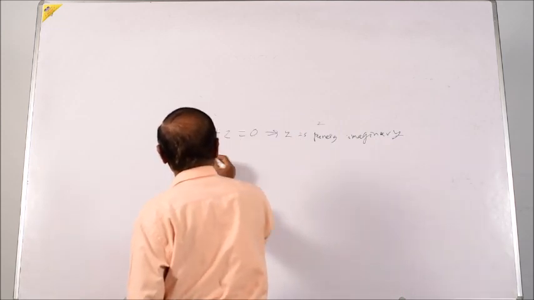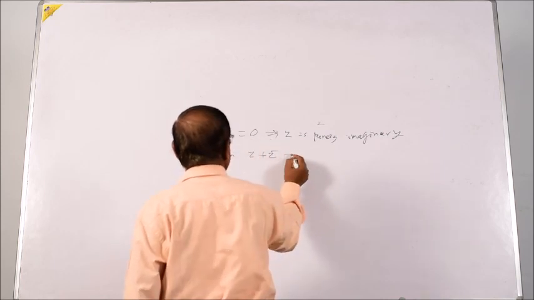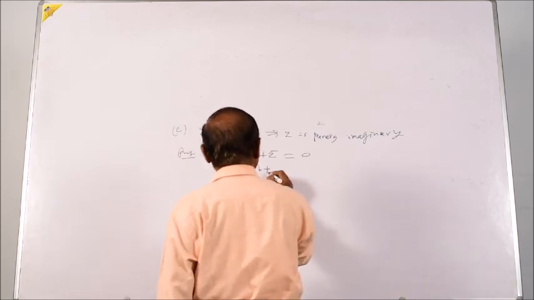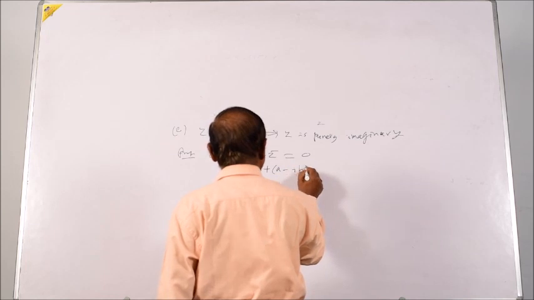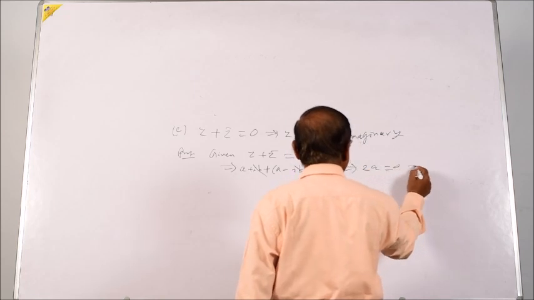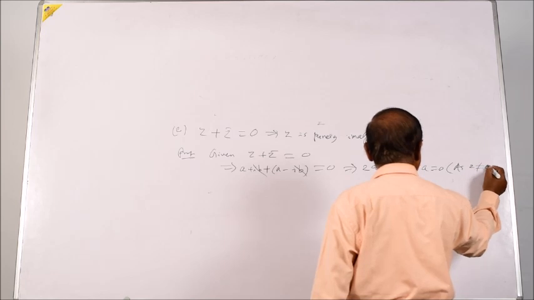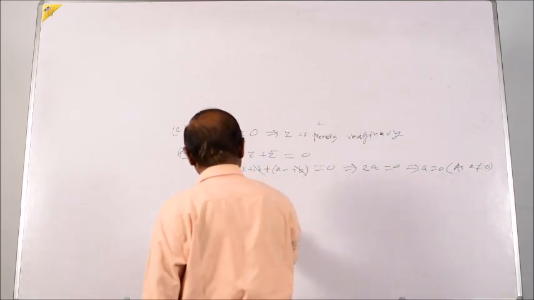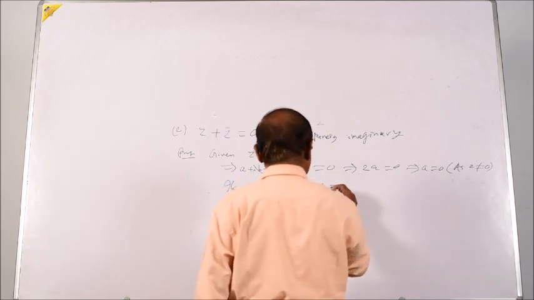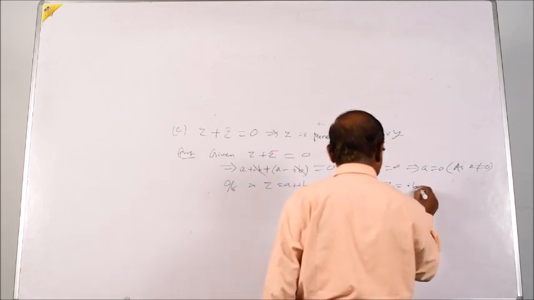Proof is like this. Given Z plus Z bar is equal to 0. That implies Z is A plus IB. What is Z bar? It is A minus IB. This goes, is equal to 0. That implies 2A is 0. That implies A is equal to 0 as 2 is not equal to 0. If in Z is equal to A plus IB, A is equal to 0, then Z is equal to IB, that is purely imaginary.